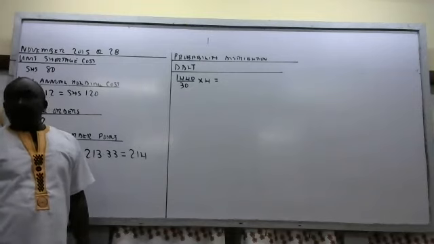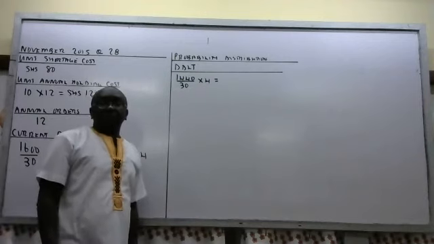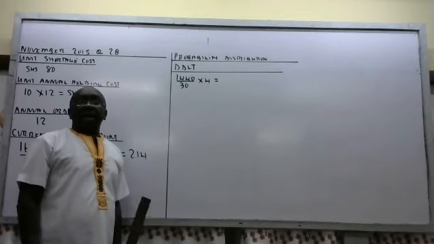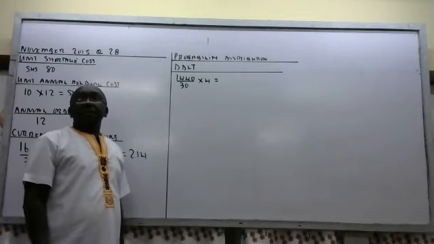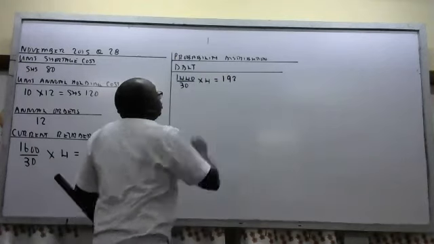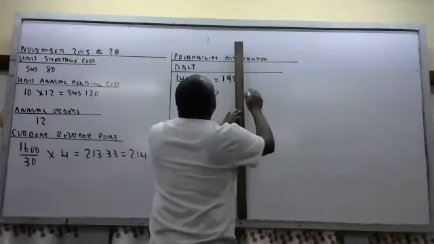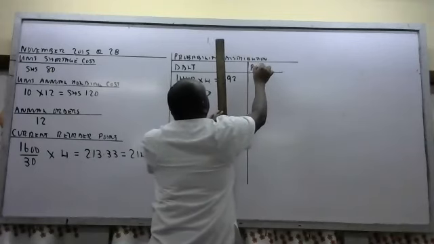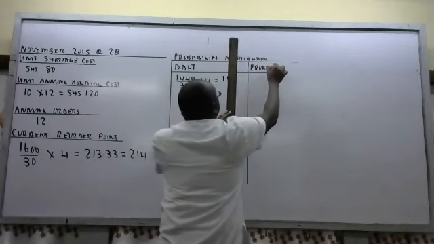So give me the answer when it is already rounded up. 192. So that is what we shall do. And our second column here will have the probability.